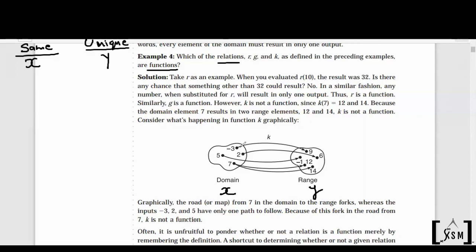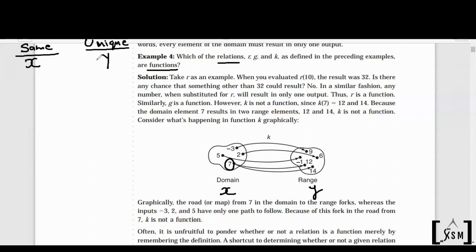So for -3 we have only one y value, which is 9. For 7, which is the value of x, two y values are possible: one is -1 and one is 14. Because of this, it does not stay a function. For any relation to be a function, the same x value should not give more than one y.